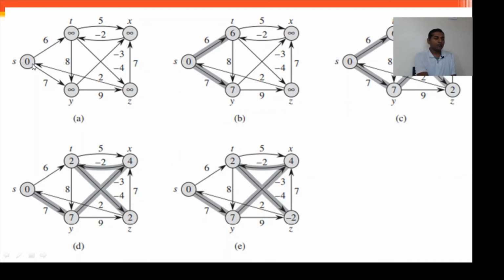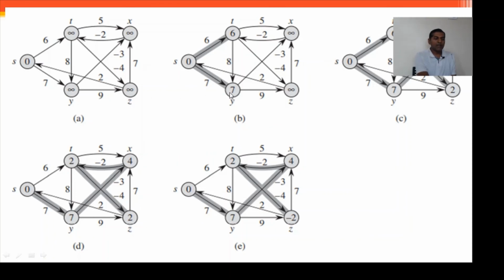So we start by relaxing the adjacent vertices and all the edges in this graph. 0 plus 6 is better than infinity, so we make t 6. 0 plus 7 is better than infinity, so we make y 7.